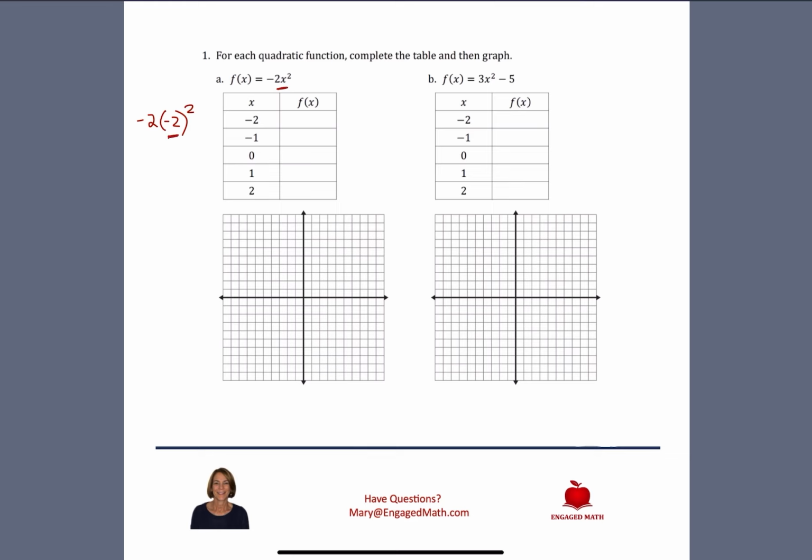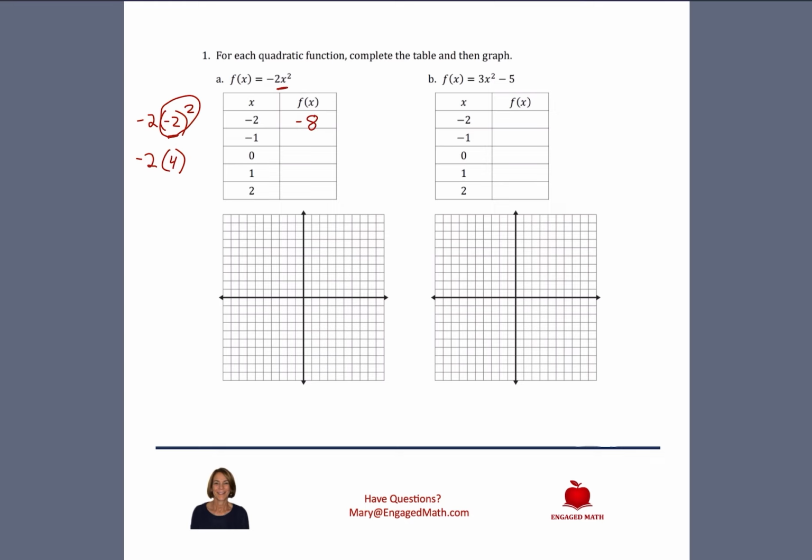This -2 is because we're substituting -2 in for x. So -2 squared, we do this first by order of operations, so we have -2 times a +4. So when x is -2, f of x is -8.